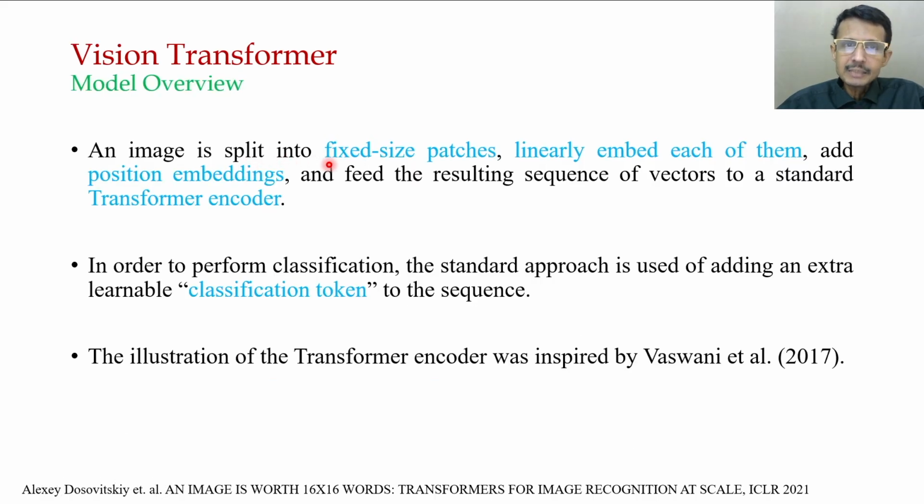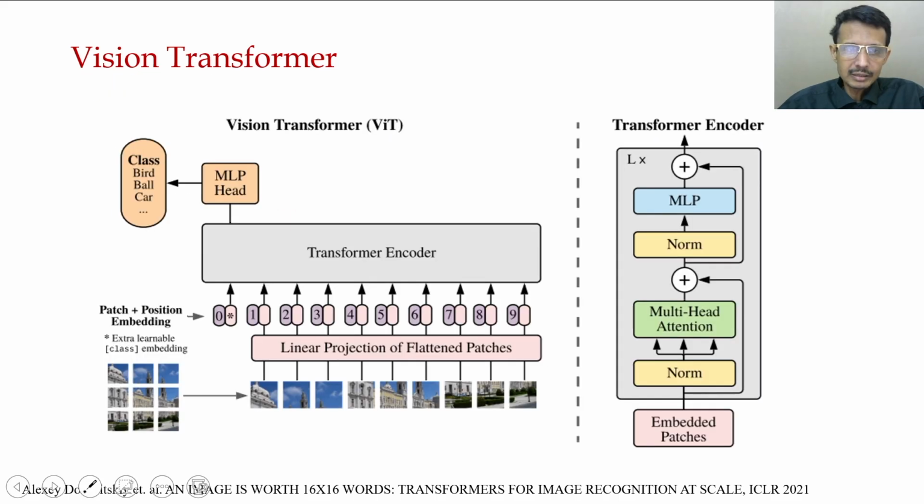Now what we have seen is that the image is split into fixed-size patches, linearly embed each of them, add position embeddings, and feed the resulting sequence of vectors to a standard transformer encoder. So we have just seen that it first makes patches of the image, then we make a sequence of these, then linear projection of flattened patches, and then you put it in the transformer encoder and there is a head to classify.